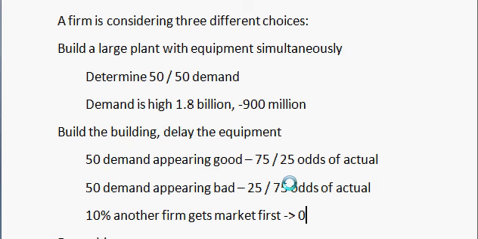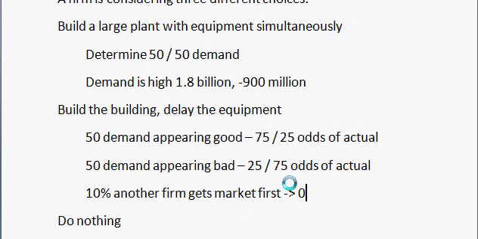So if we get beat out, we get no profit. Obviously, if we do nothing, we get nothing. And here we end up with the same thing: assuming you are not beaten to market, we get the same value, 1.8 billion here and negative 900 million here.